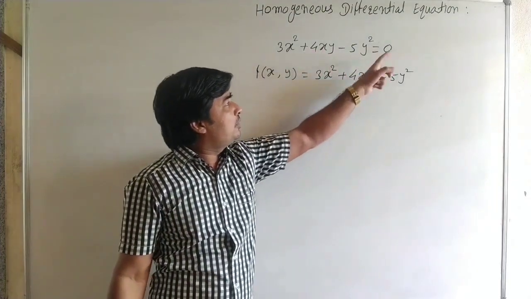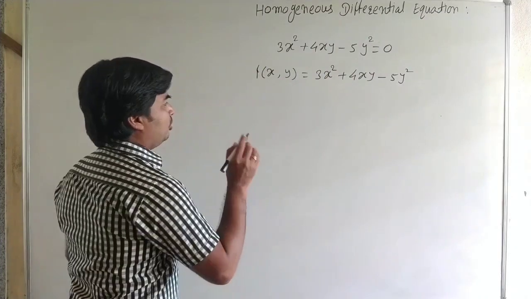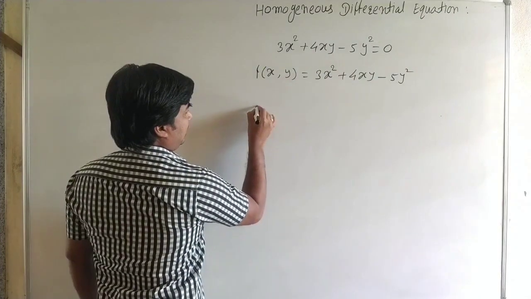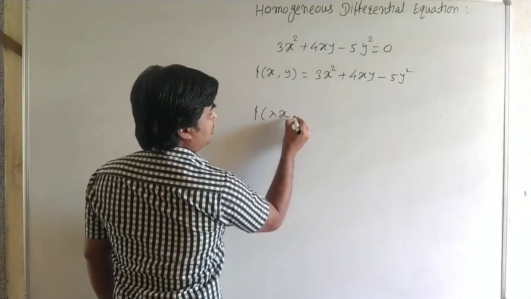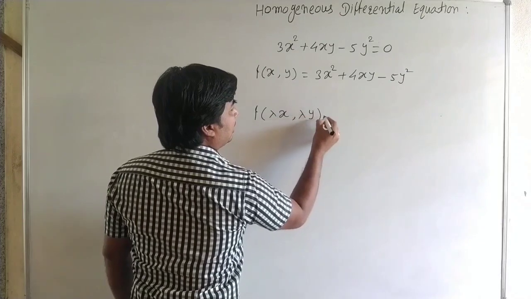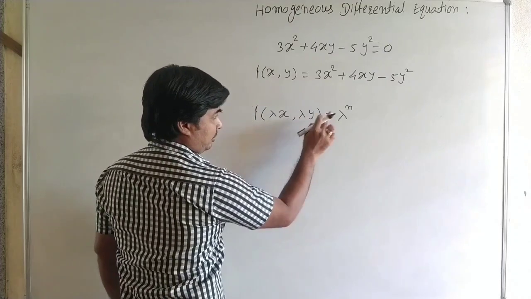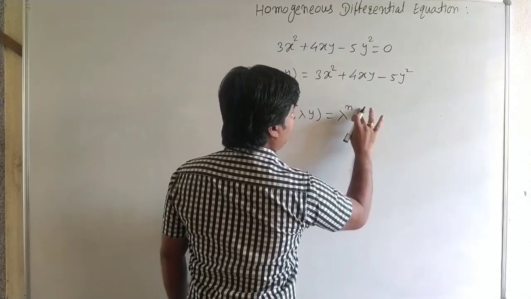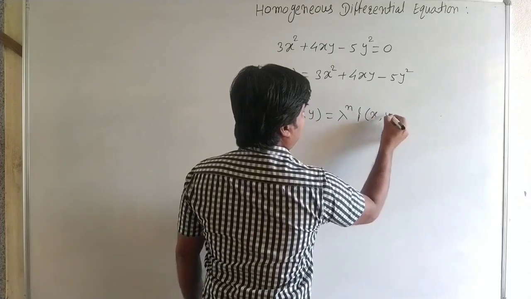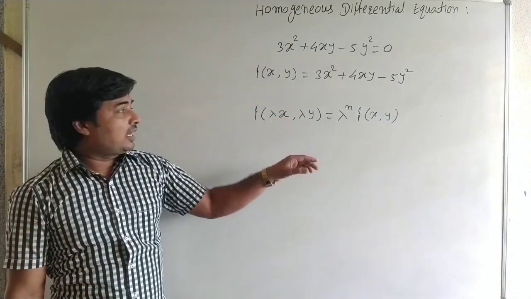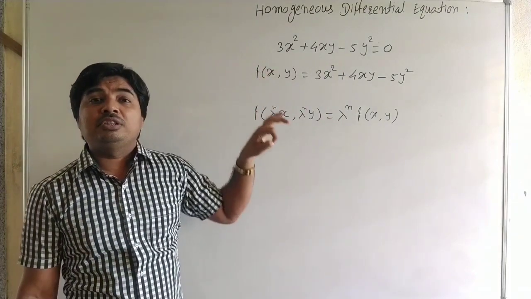The definition of a homogeneous function, see carefully: f of lambda x comma lambda y is equal to lambda to the power n f of x comma y, where lambda is a non-zero scalar. This is the form of a homogeneous function.